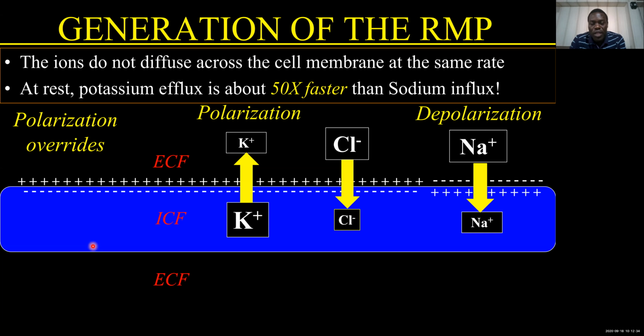Now, the other thing I want to tell you is that the equilibrium we are going to achieve here is not just based on the concentration of the specific ions. It is also based on the charges. When you have a lot of positive charges out, in as much as the concentration of potassium will still be higher inside, and so it wants to move out, those positive charges will actually repel the positive potassium ions that are moving.